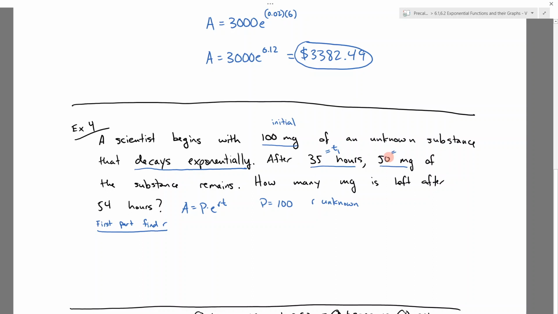And this would be the final amount for that time, so that would be A. Okay, so what do we have?